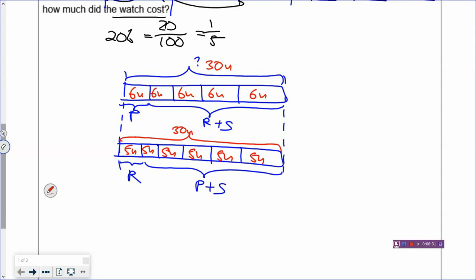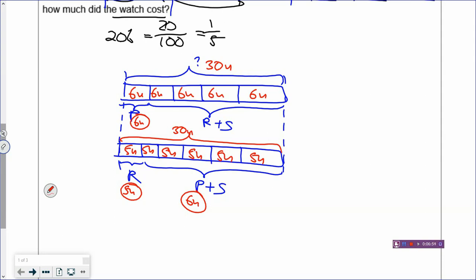Alright, and then you can also see Ron has how many units? Ron has 5 units, right? And then Paul, we don't know how many units Paul has, but if you look at the model on top, Paul has 6 units, right? Now if Paul has 6 units, then how many units does Steve have?